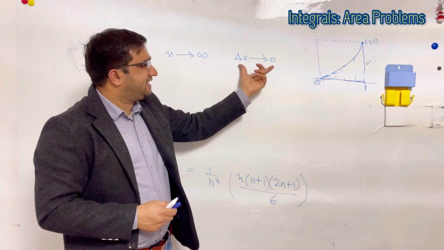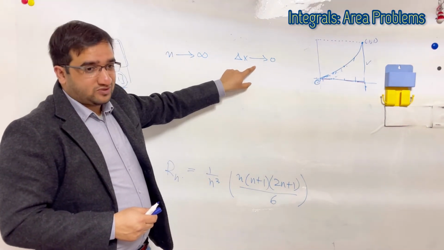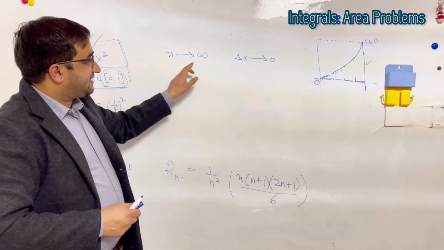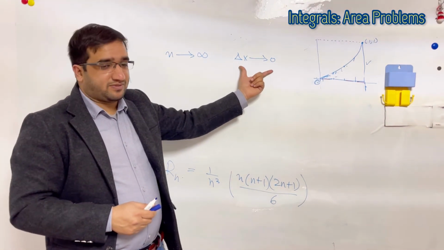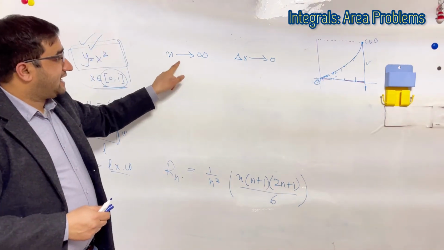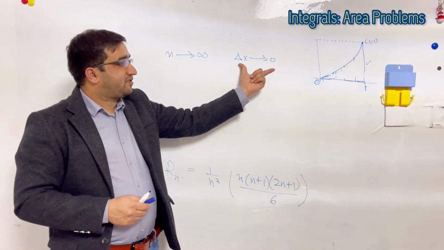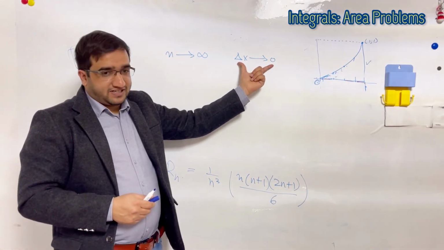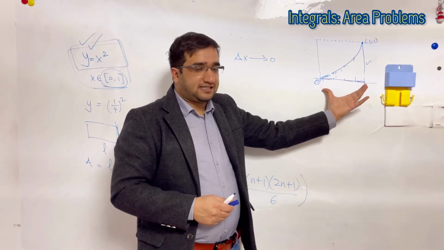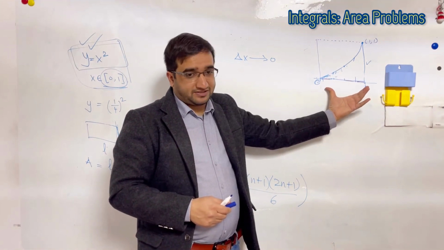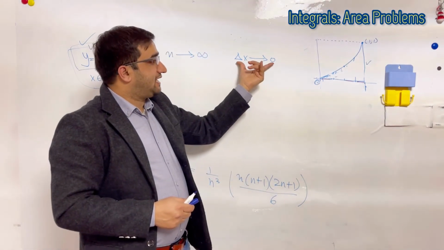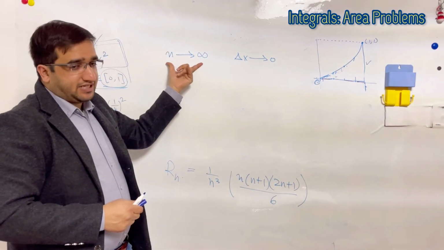It is not exactly equal to 0, and n is not exactly equal to infinity. Both are approaching: n approaches infinity and delta x approaches 0, so they are opposite to each other. For the very first big slice, when there is no sub-interval, delta x is very large and n is very small.